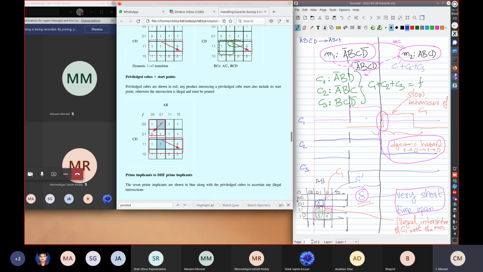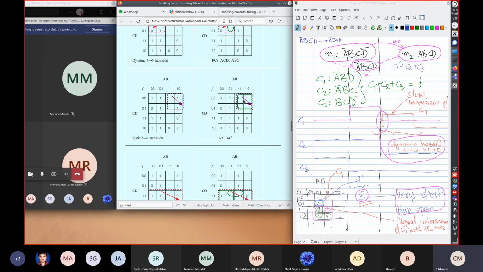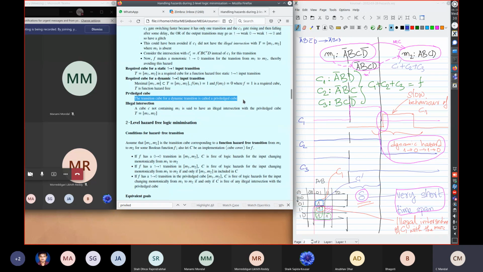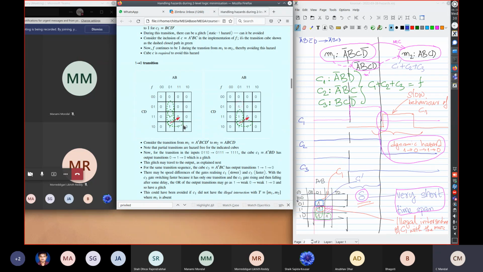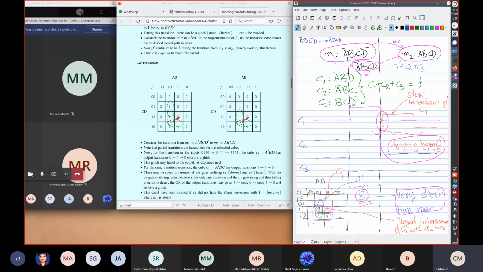If you remember this situation where we removed the illegal transition, this was an illegal transition. Why? It was an illegal transition because it did not include the starting point. That is why we had this glitch over here. This glitch is because the starting point is not included. If the starting point had been included, we would not have this glitch.